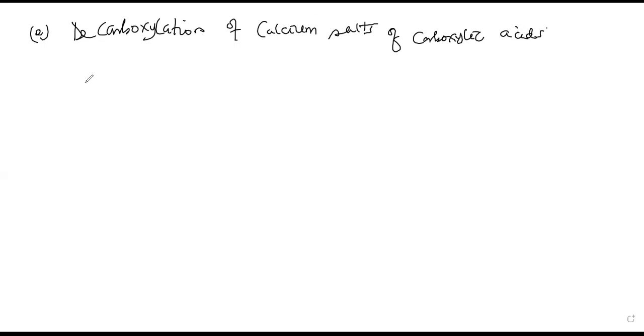So here we have a calcium salt of carboxylic acid. Let me write my compound, (CH3COO)2Ca. So this is my calcium salt of a carboxylic acid. You see, this is a carboxylic acid, but we are having calcium. So this means that it is a calcium salt.